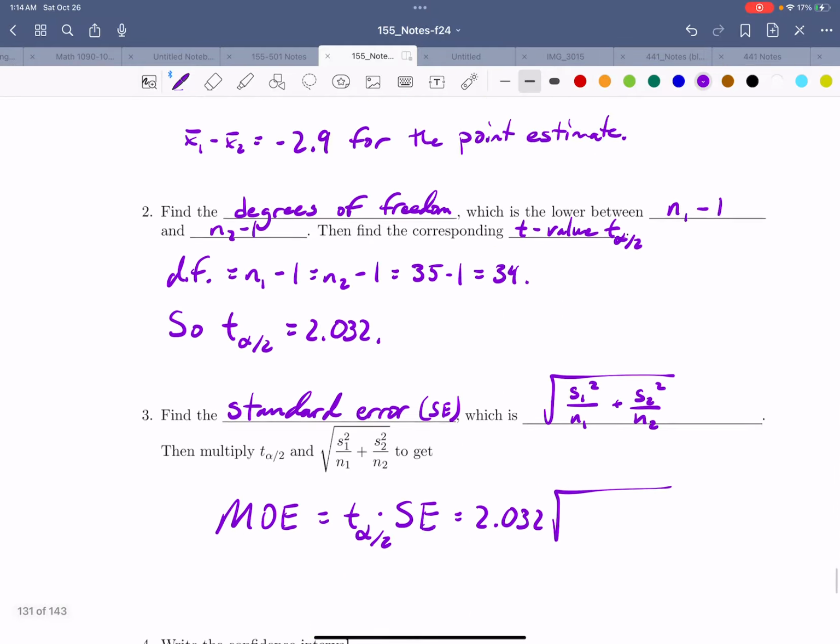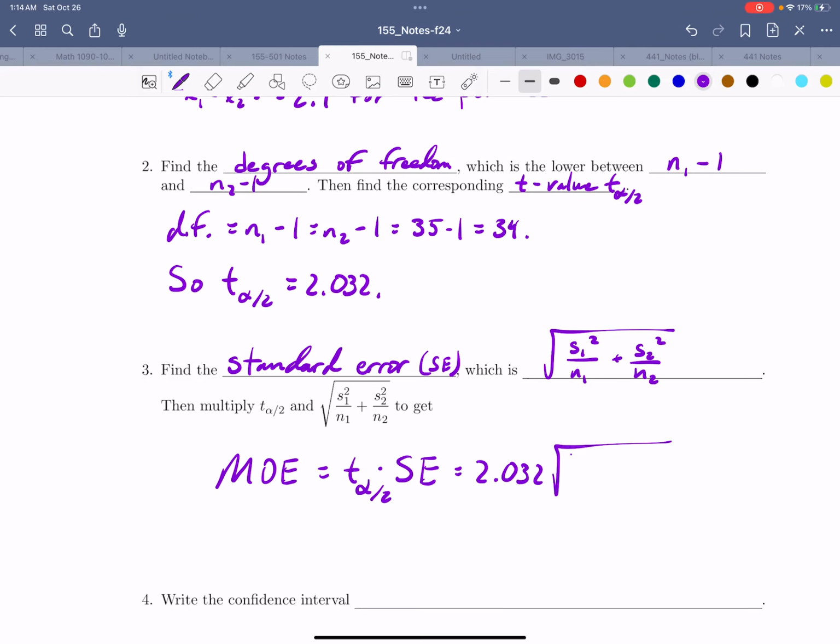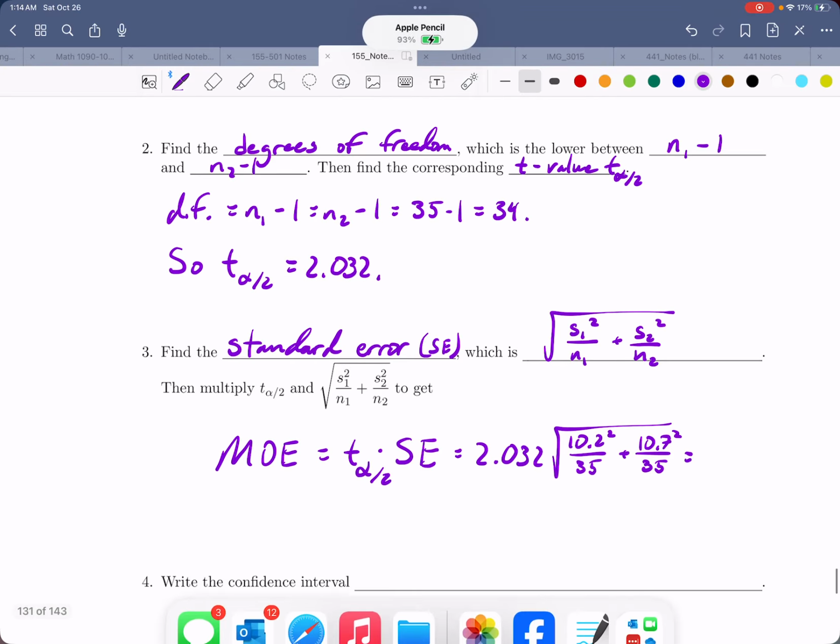S1 is 10.2 squared over 30, plus the second term squared over 35. Right? So we just multiply this out, all right? And this is our margin of error, right? And let's see what that gives us.